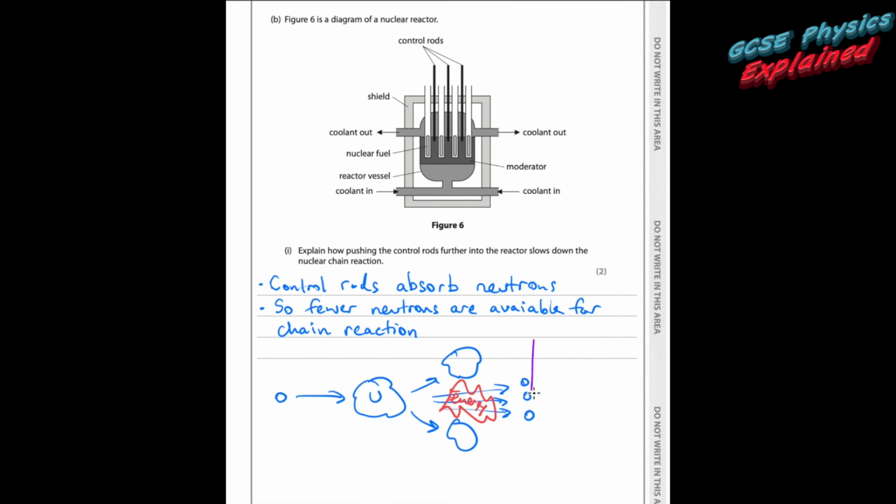Now, by dipping the control rods down, they're usually made of boron or graphite. They'll absorb these neutrons, so these neutrons are not available to go on to strike more uranium atoms. That is what the chain reaction is.